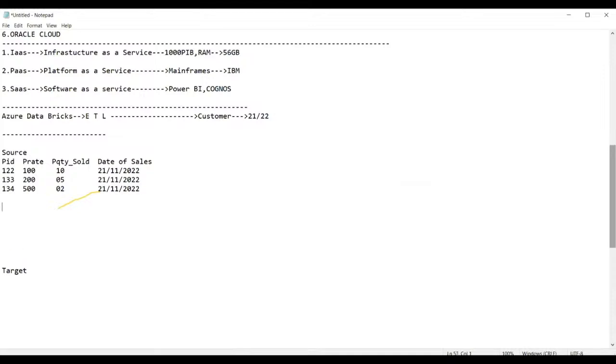This is the first day's data, that means the 21st data is already recorded. Do we have the 22nd data? No, we will write it. I'll copy this information and paste it here.